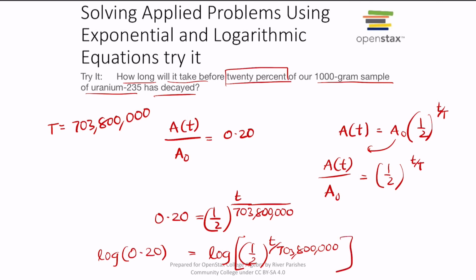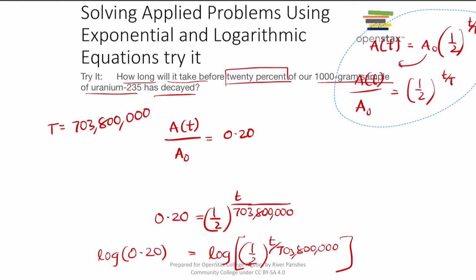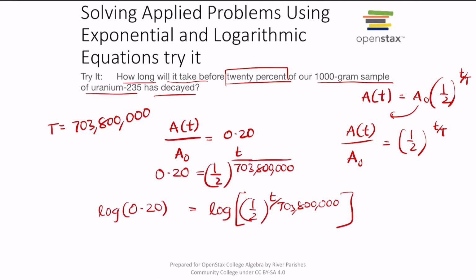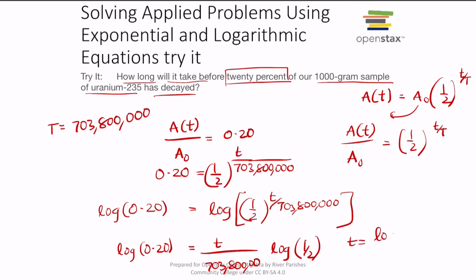The power can come to the front, so we can write log of 0.20 as t over 703,800,000 years times log of 1 by 2. So t becomes log of 0.20 times 703,800,000 years divided by log of 0.5.